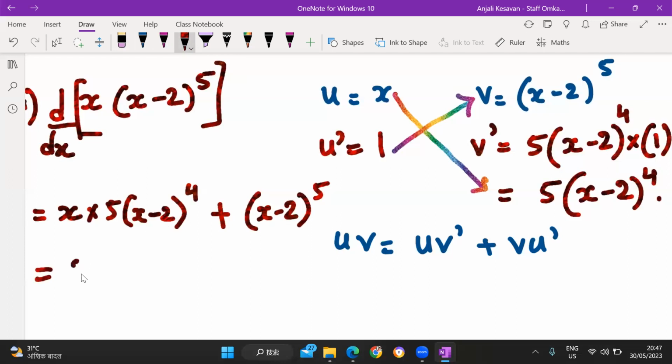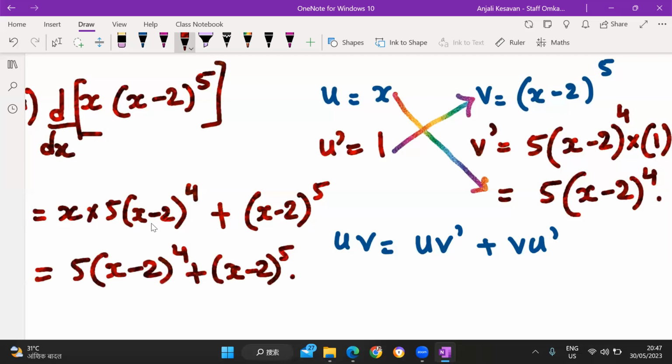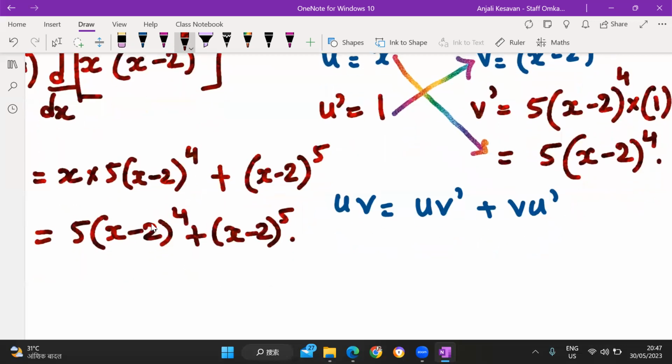Simplify this further, you get 5x times (x minus 2) the whole raised to 4 plus (x minus 2) the whole raised to 5. Now you can simplify it further if you want by taking out the common factors, or if not, you can just leave it here. Okay?